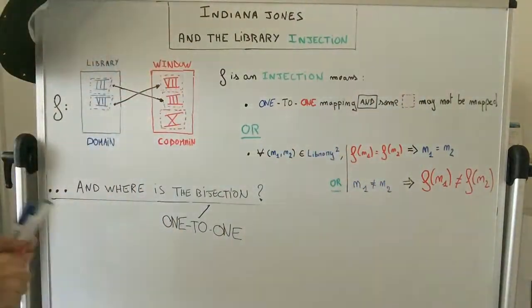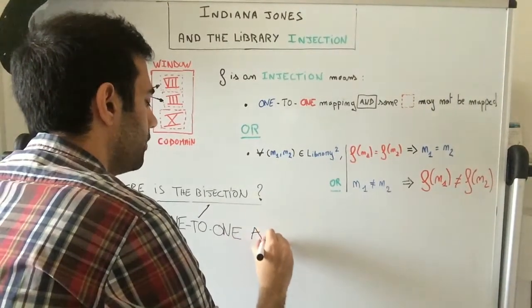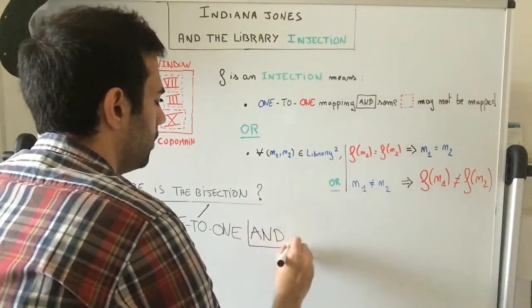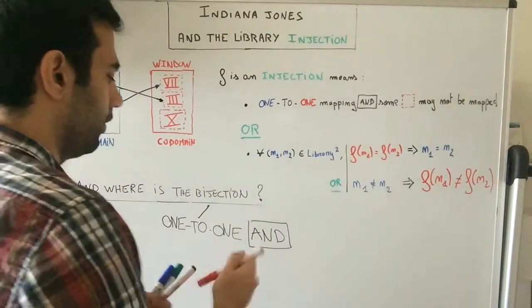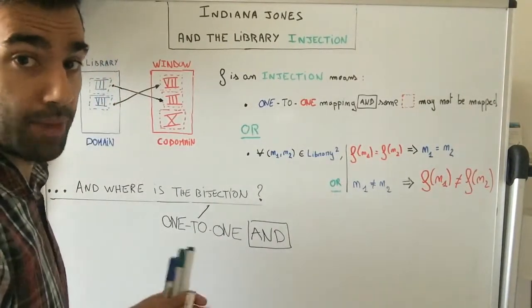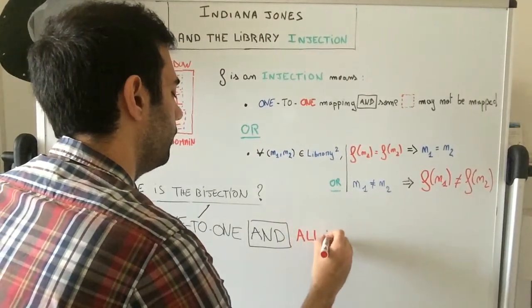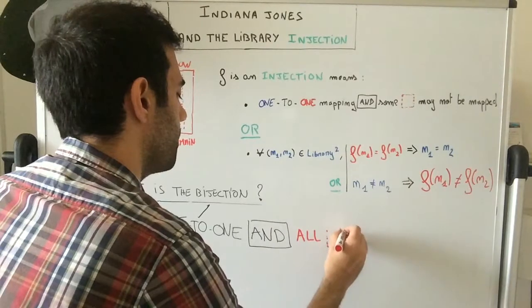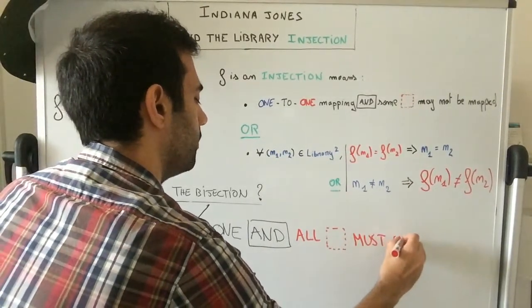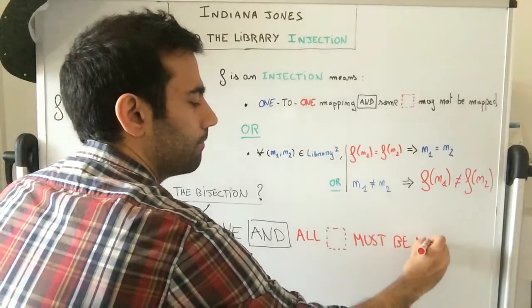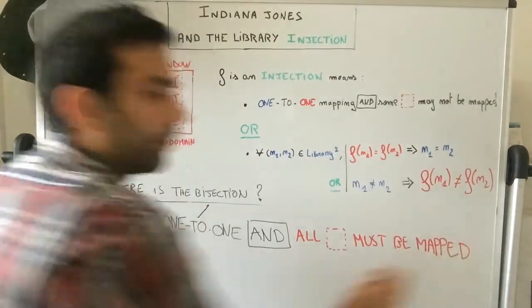So 1 to 1, and all elements must be mapped. All elements from the domain, the codomain, must be mapped.